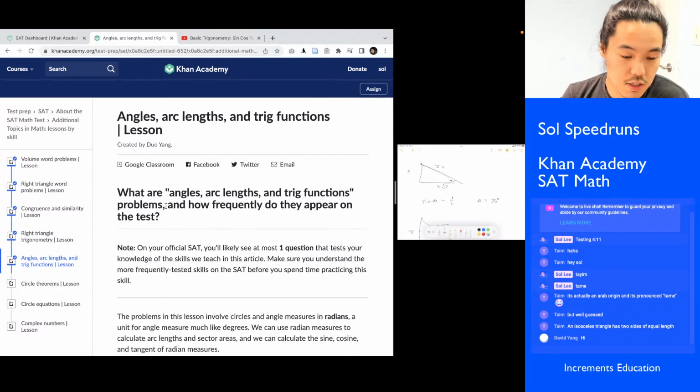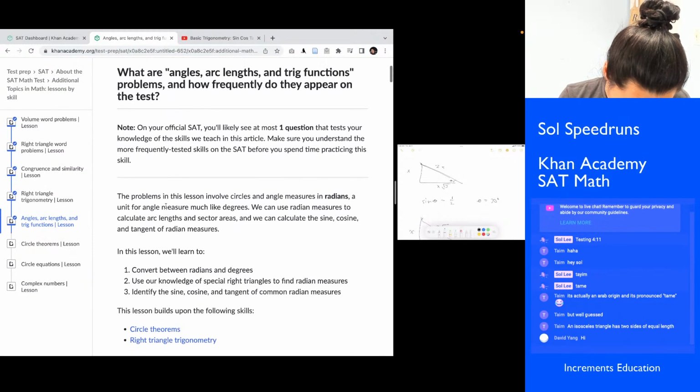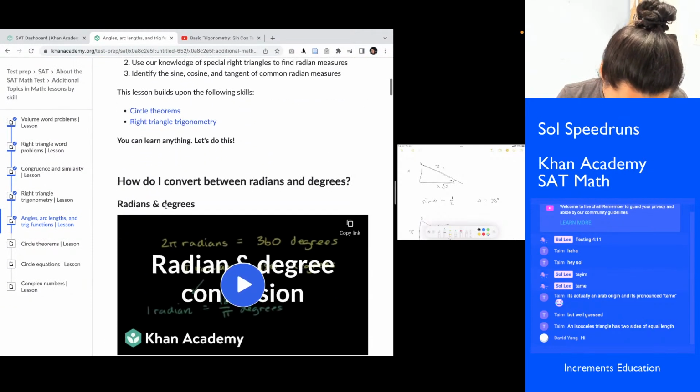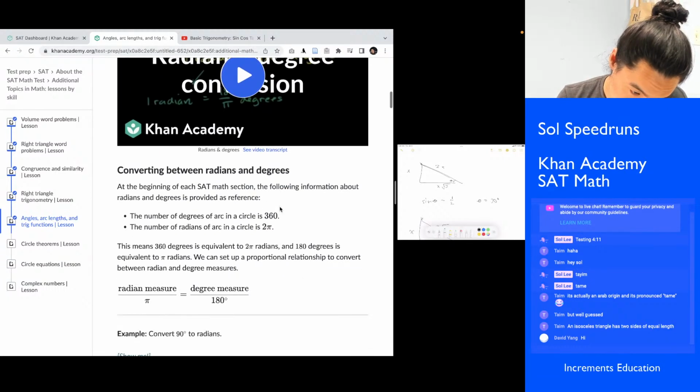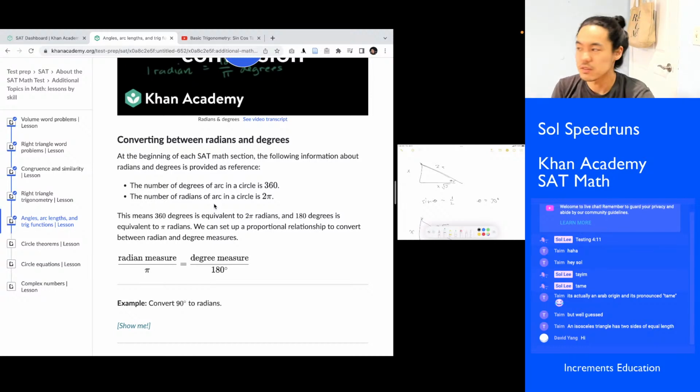Angles, arc lengths, and trig functions. Oh, the number of radians in an arc is 2 pi, which makes sense because 2 pi r, r is the diameter, right?